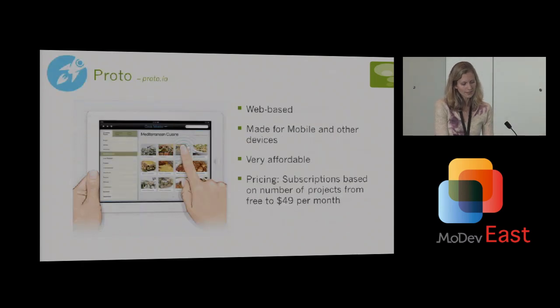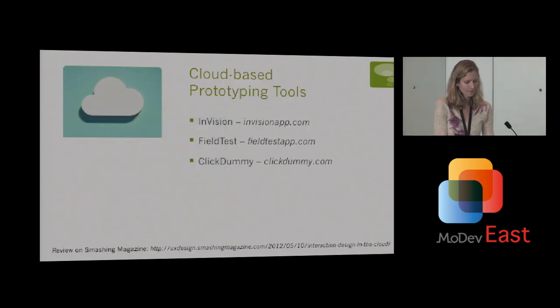Proto is another one. It's very affordable, so take that with the usual caveat, you get what you pay for, I would imagine. It is made for mobile and other devices, web-based, and affordable, from free to about $49 a month.